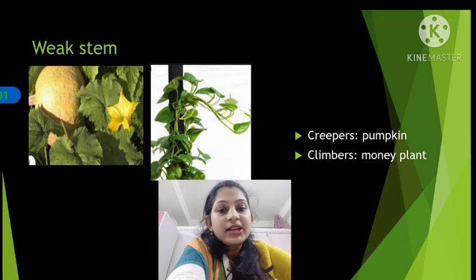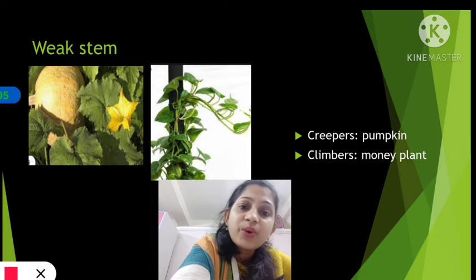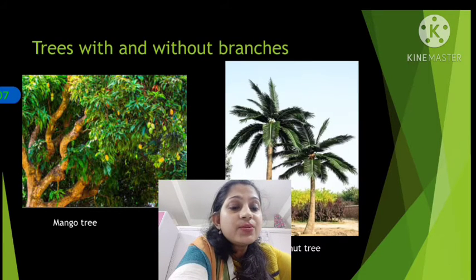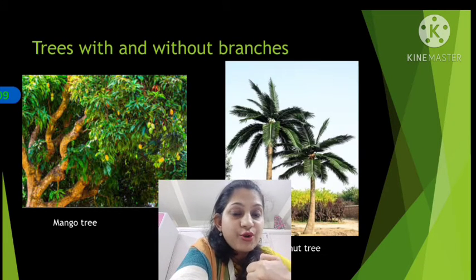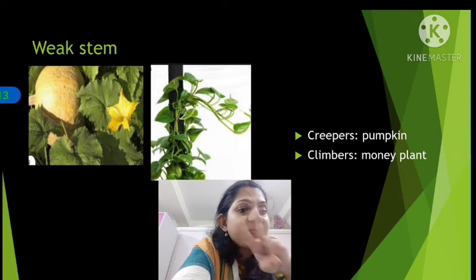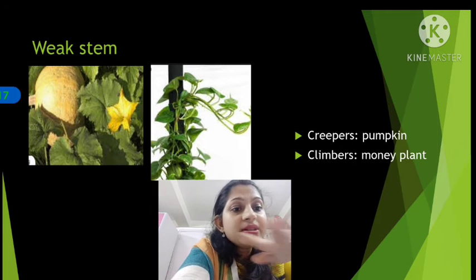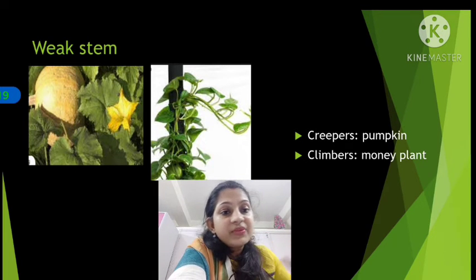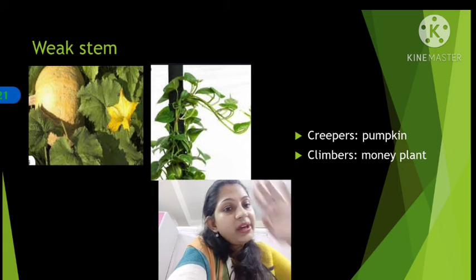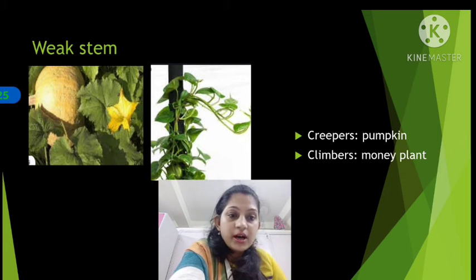I had told you in the starting only, these plants' stems are very weak, while these ones, their stems are very strong. Here two categories I explained to you in the starting. Creepers have weak stems, so weak that they cannot climb also. They creep on the ground.